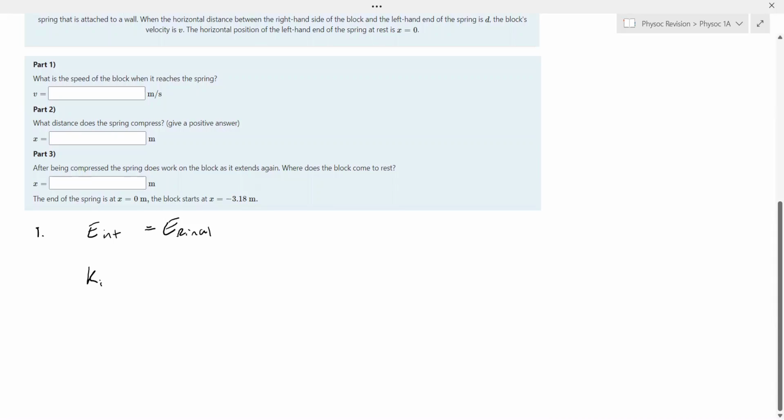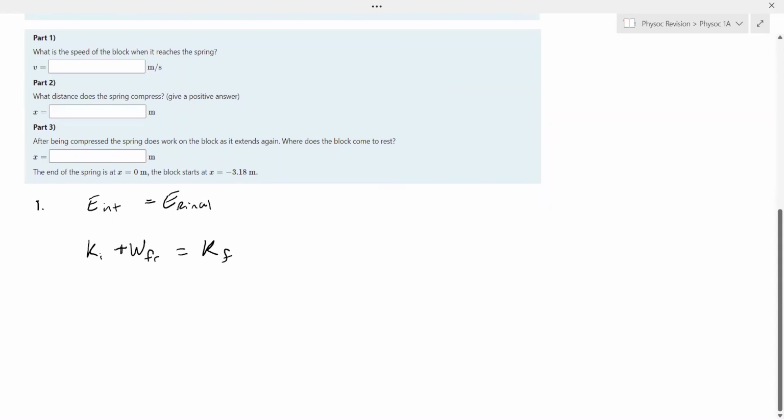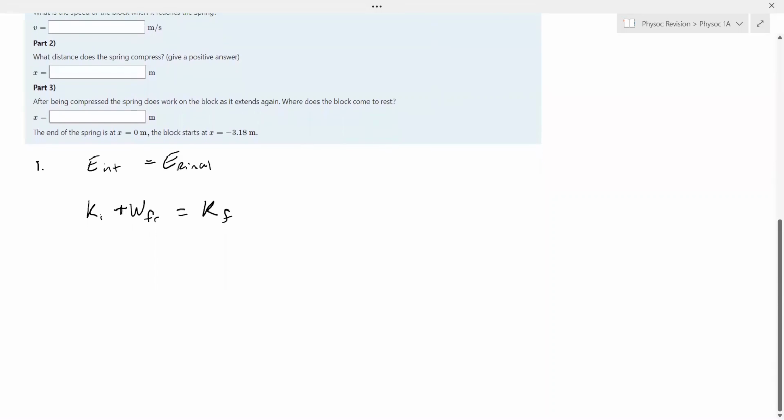And we're also going to have some work input from the friction, because we were told it's going to be sliding and we're given a coefficient of friction. And then this is going to equal our final energy. I'll put the K, because our final energy is still just going to be kinetic energy. Our format for kinetic energy is going to be half mv squared.